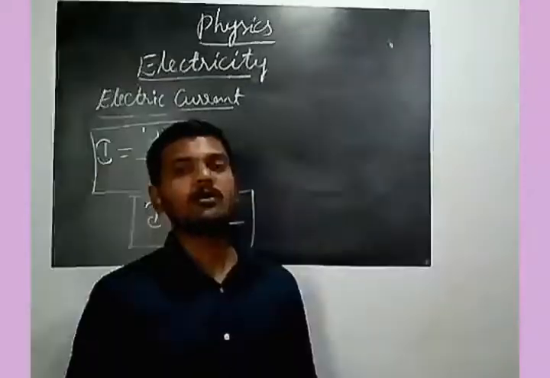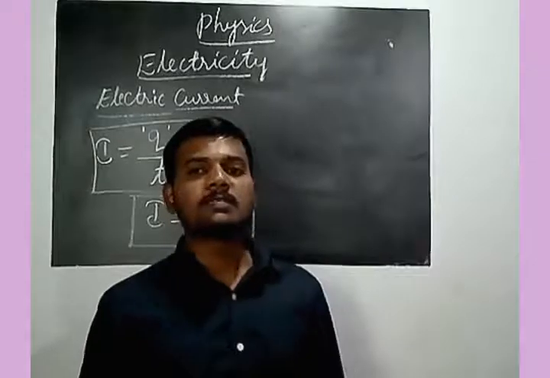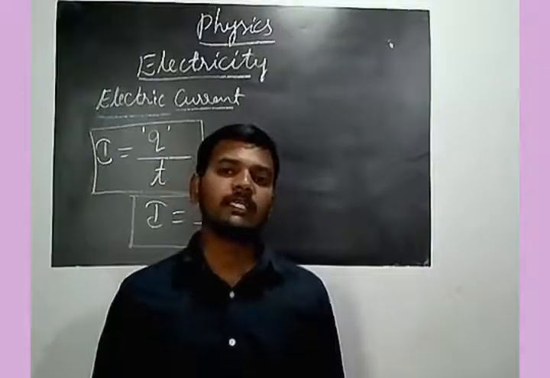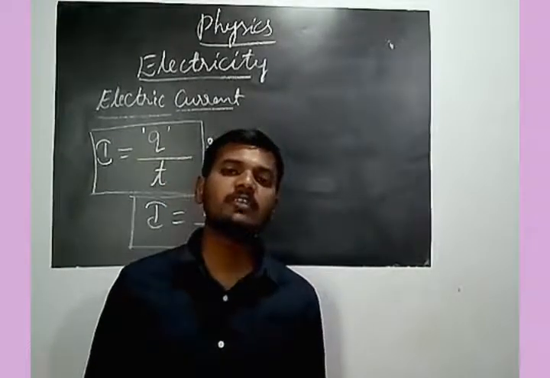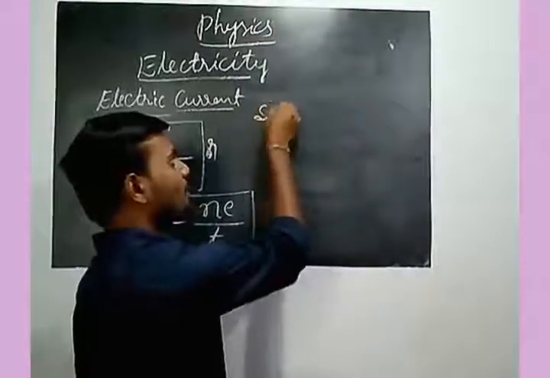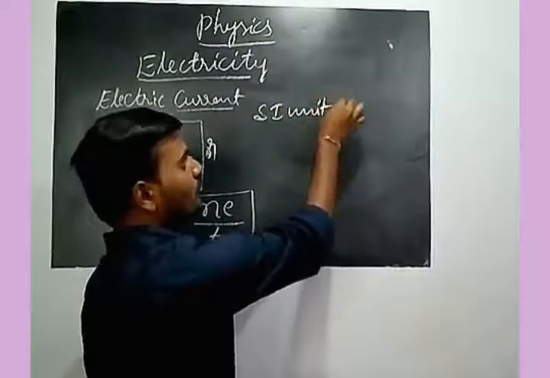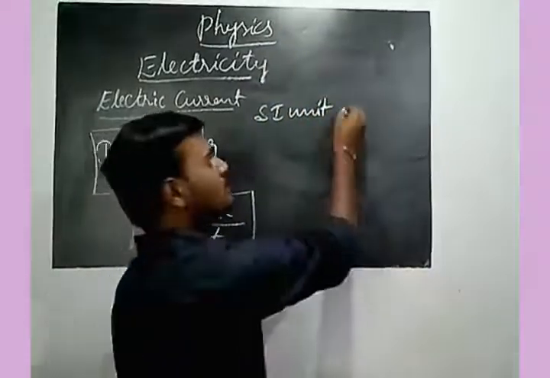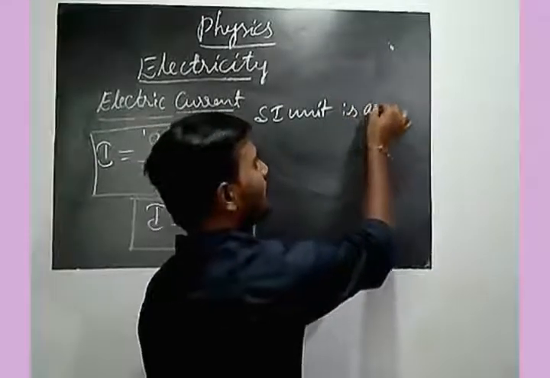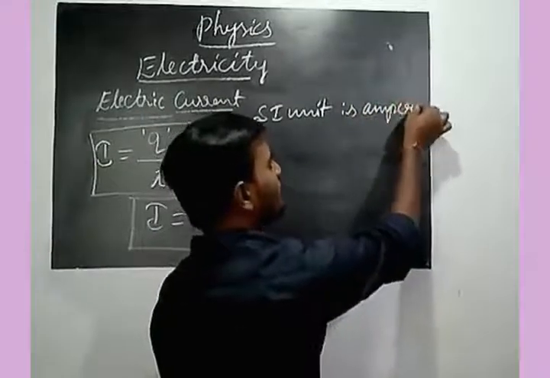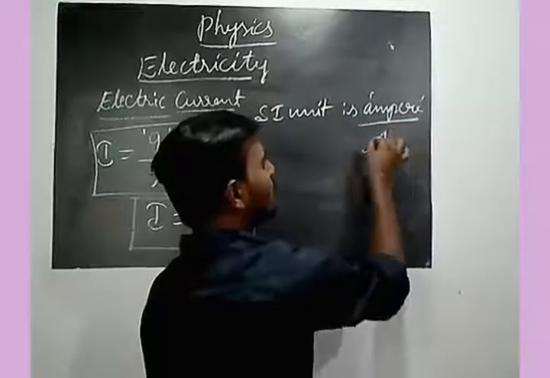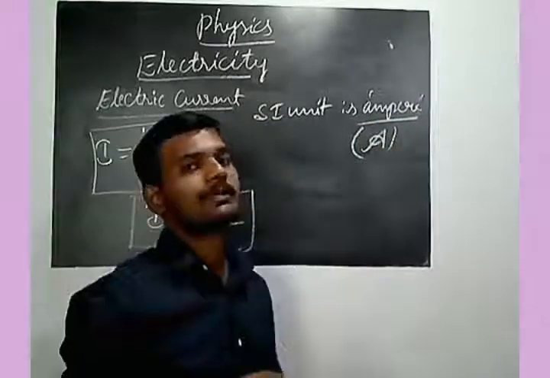Now let us discuss the unit of electric current. The SI unit of electric current is ampere. In abbreviation, we call it A only.